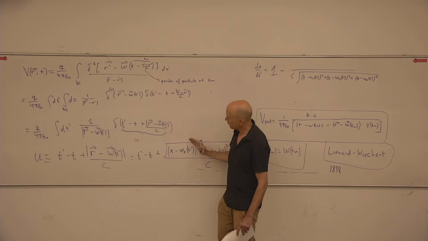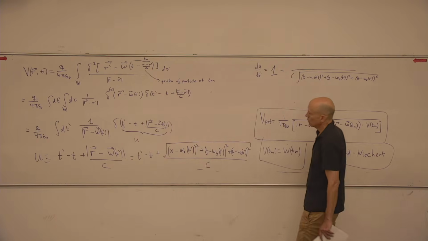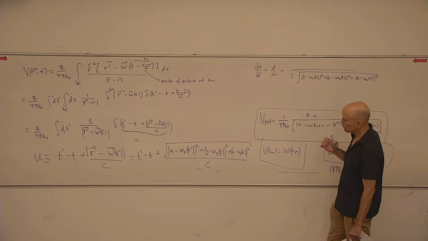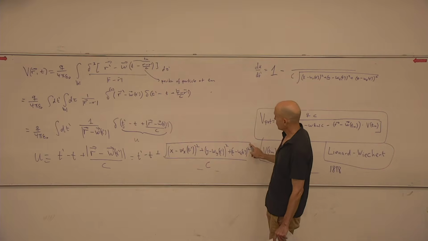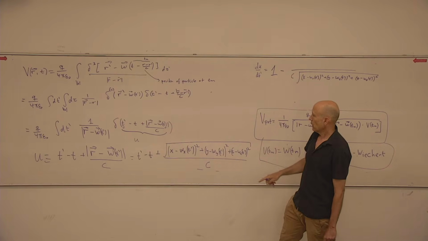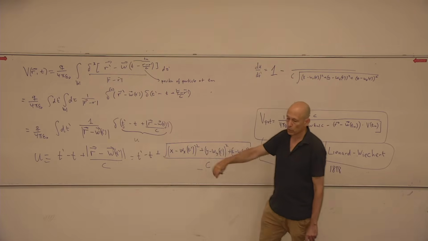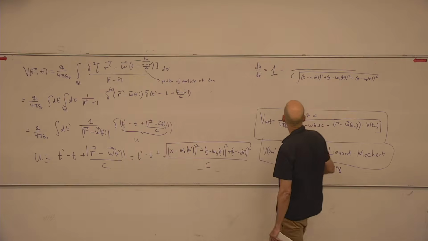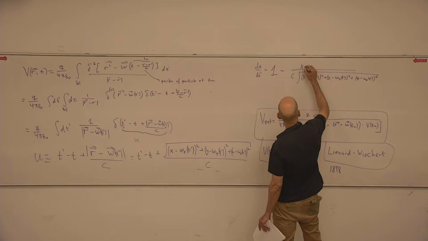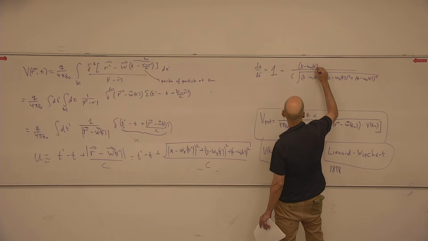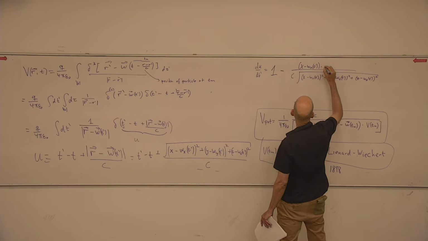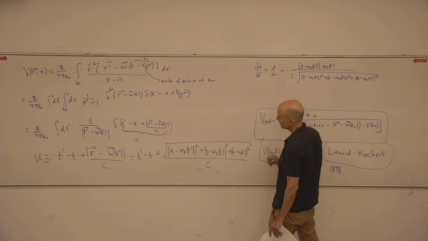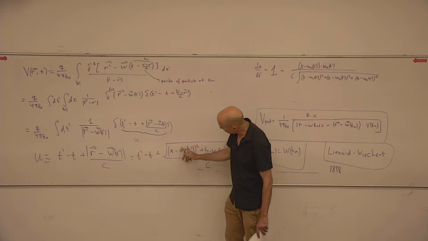So I just took everything, put it downstairs, and now I need to take the derivatives. From the square root I get a half, and then the internal derivatives will give me also a 2, and then they will give me also a minus from here. But then I have here x minus wx t prime multiplied by wx dot t prime. That's when I take the derivative, so I have the internal derivative.